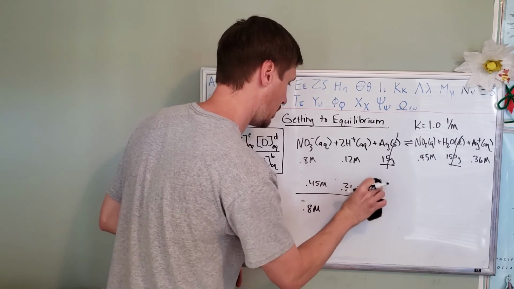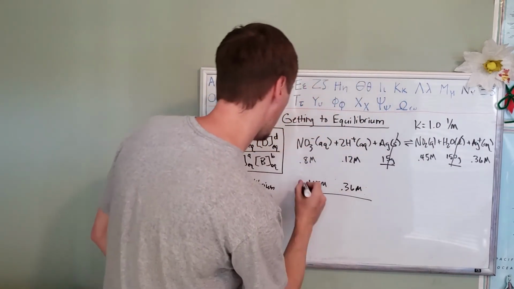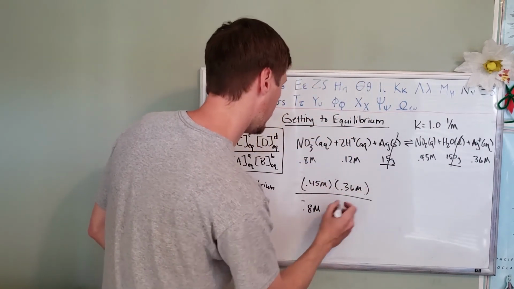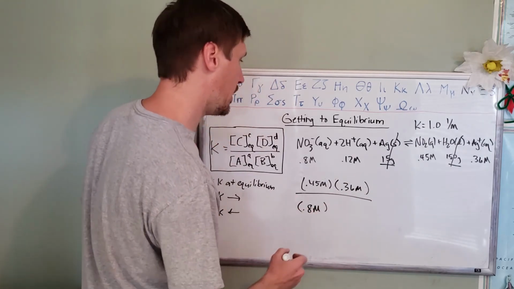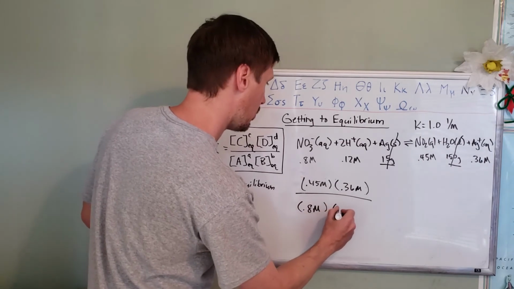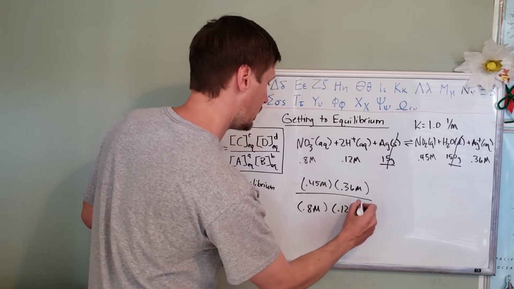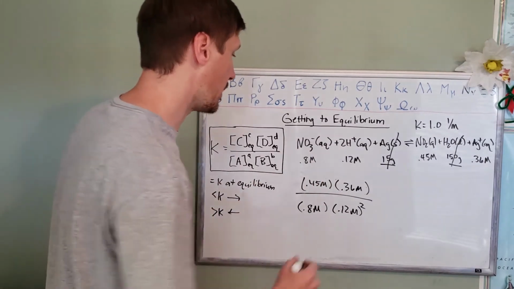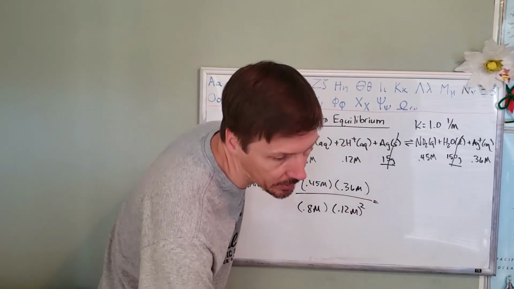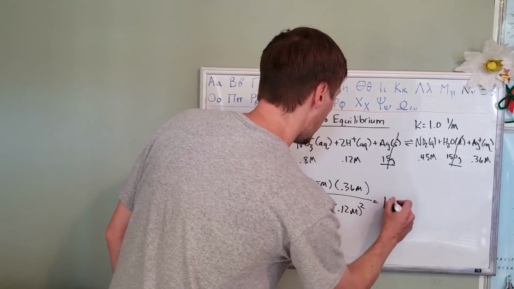So 0.45 times 0.36, on the bottom 0.8 molarity times 0.12 molarity, and this is the only one that doesn't have a coefficient of 1, it has a coefficient of 2, and so we raise that to the second power, right? So we punch that in our calculator and we get a value of 14.